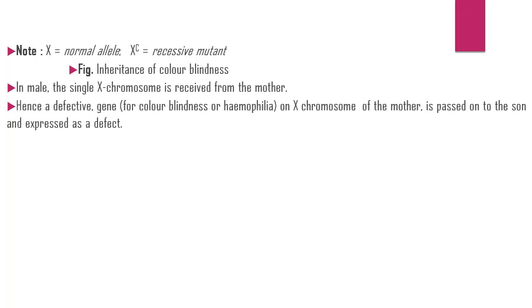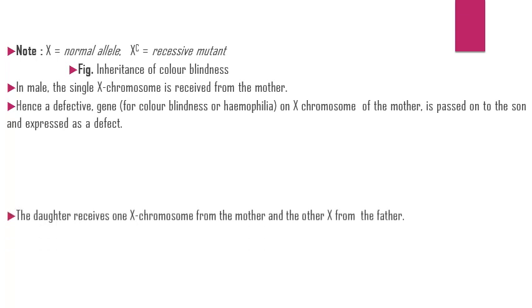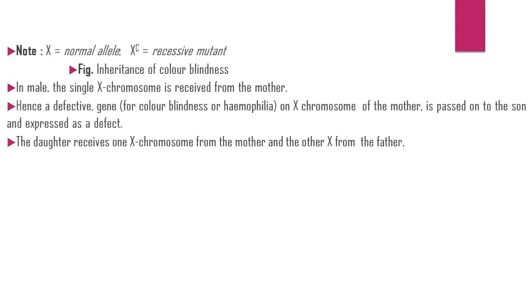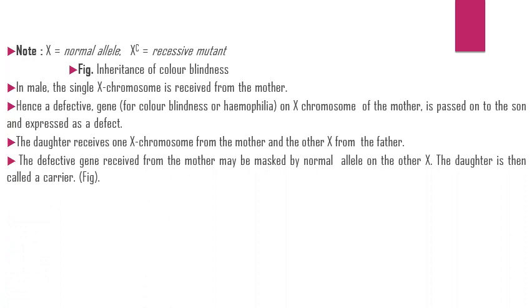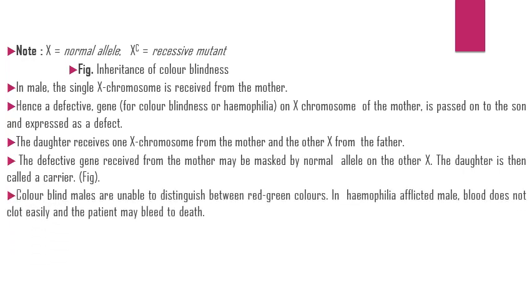Hence, a defective gene on the X chromosome of the mother is passed on to the son and expressed as a defect. The daughter receives one X chromosome from the mother and one from the father. The defective gene received from the mother may be masked by the normal allele on the other X. The daughter is then called a carrier.